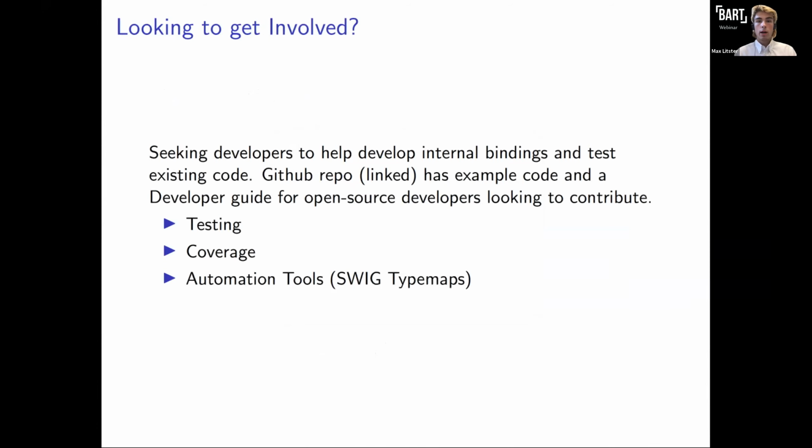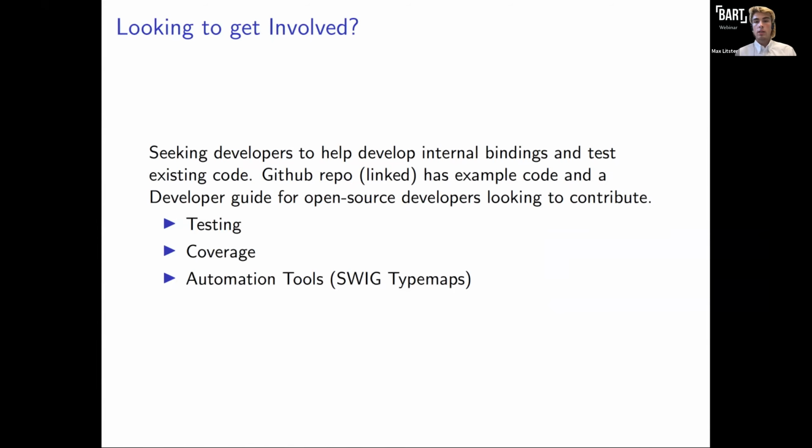So again, for any developers in the community who are interested in this project and would like to get involved, we're looking for help on testing the existing code, especially finding ways to automate our testing framework as well. So when something changes in BART or on the Python generation side, we can easily make sure that none of the existing code has broken, as well as helping to move the project forward in developing bindings for internal libraries.